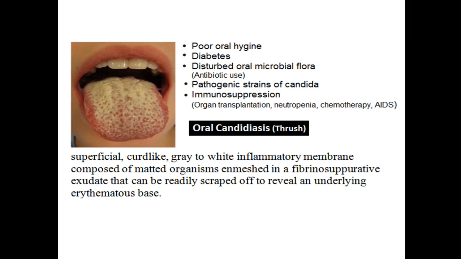Common conditions that promote oral candidiasis include poor oral hygiene, diabetic patients, and a disturbed oral microbial flora, particularly when we take a broad spectrum antibiotic that kills the other bacteria and gives a chance for the fungus to grow. And some strains of Candida are very pathogenic.